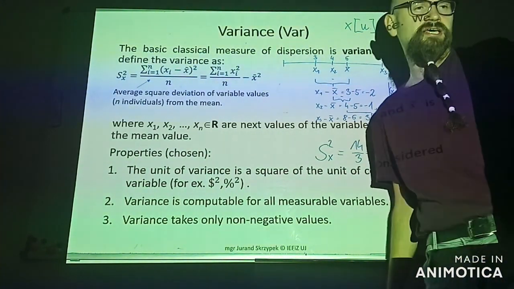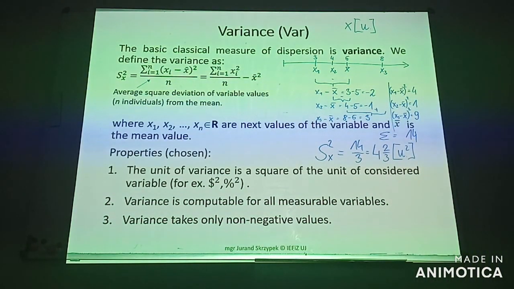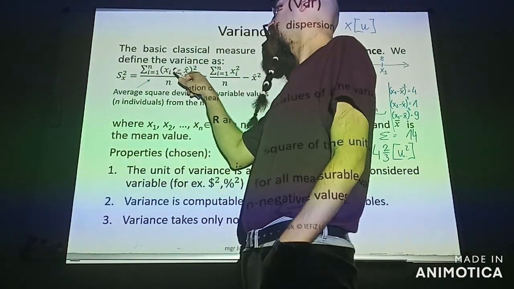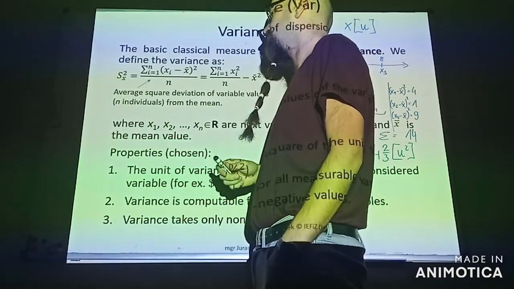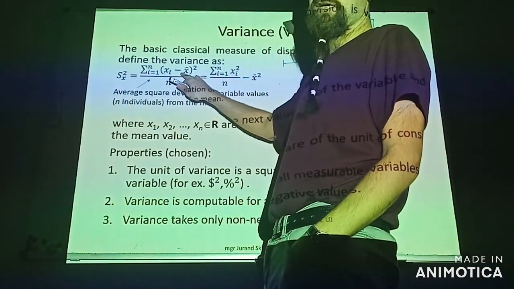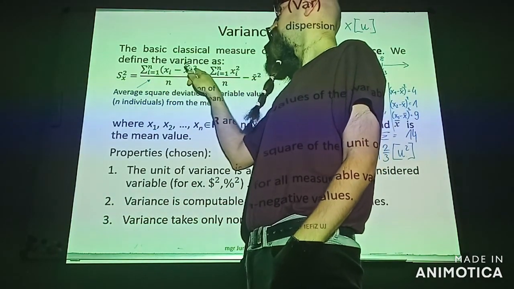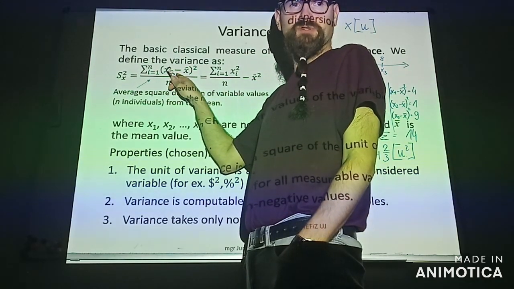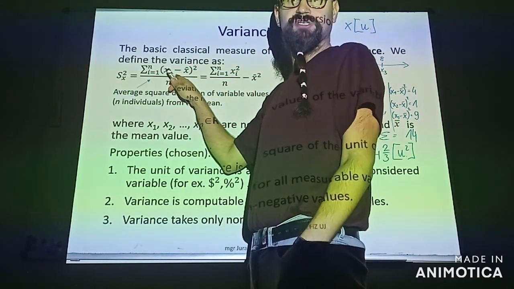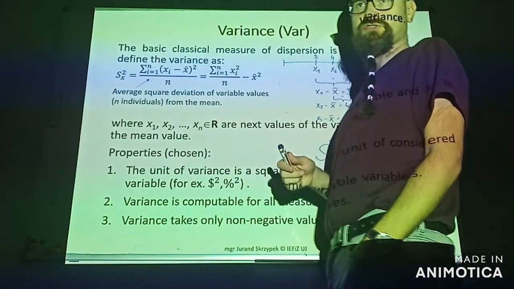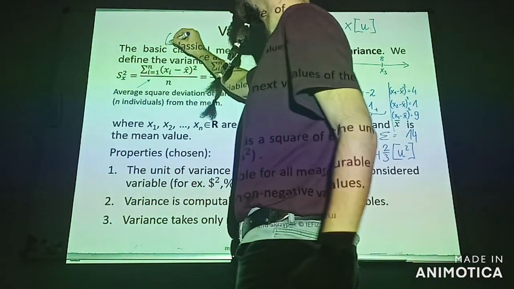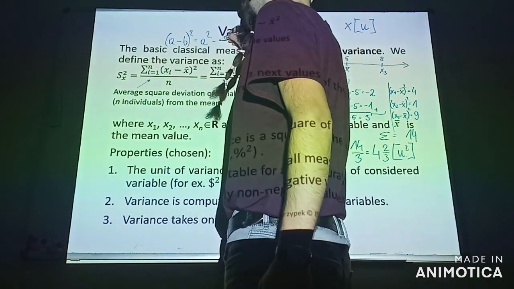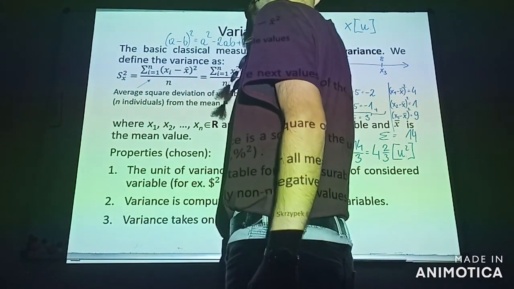In the variance we have the squared values. If we look into the details, we notice that here actually we are dealing with the square of a difference. From primary school, it seems to me that we remember the short multiplication formula: a minus b squared is a squared minus 2ab plus b squared.